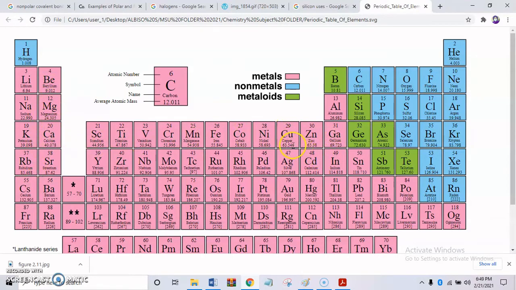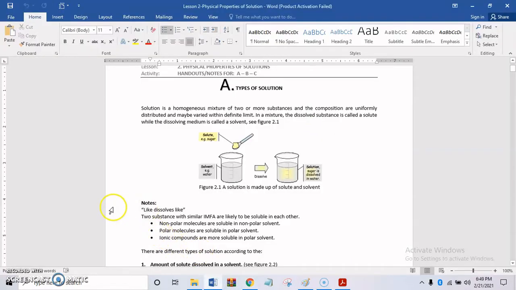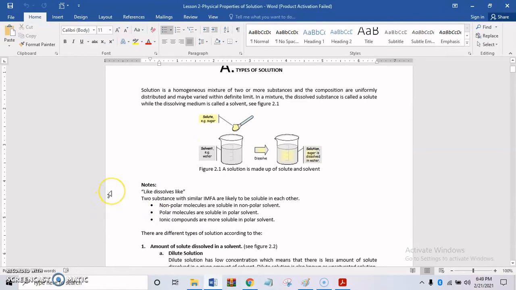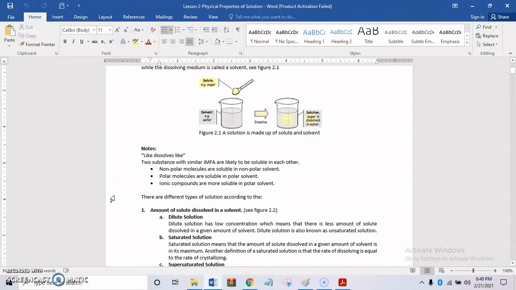And these: copper, cobalt, iron, manganese, and zinc. When you see those, they are ions. Ion elements. Then, they are easily dissolved in polar solvents. So that's the rule of like dissolves like.